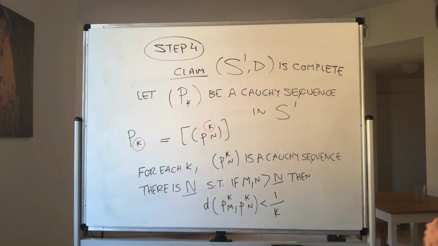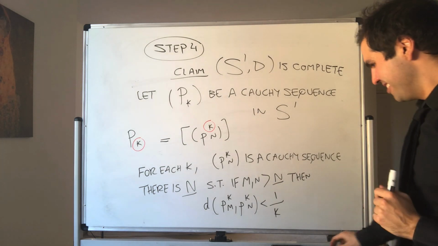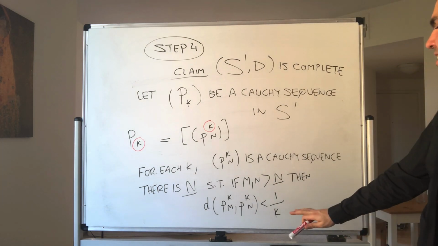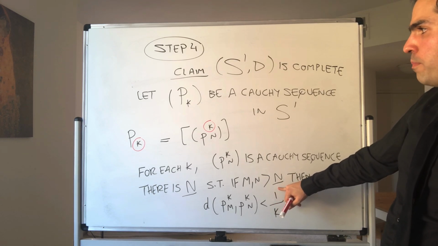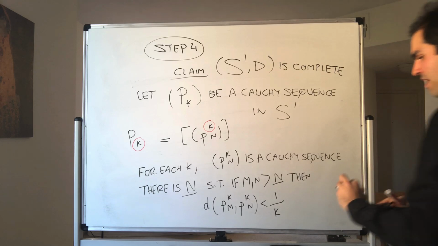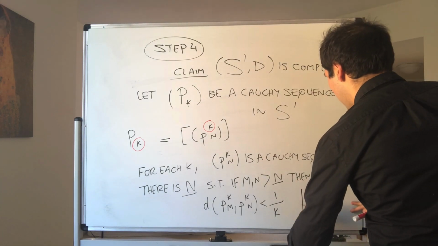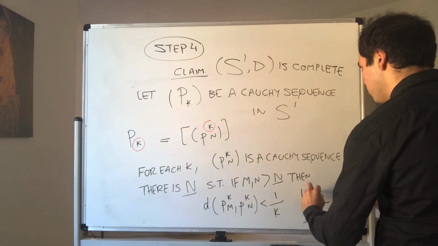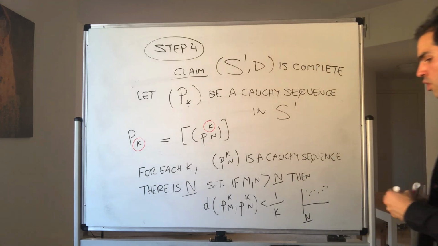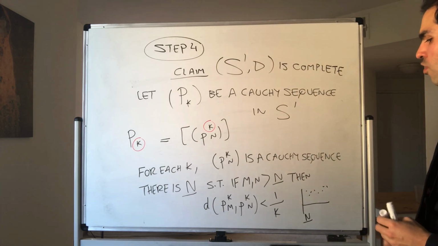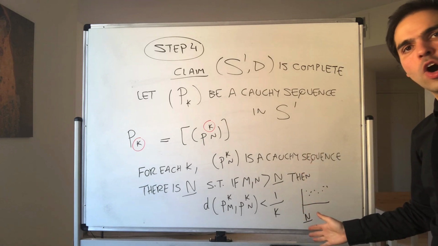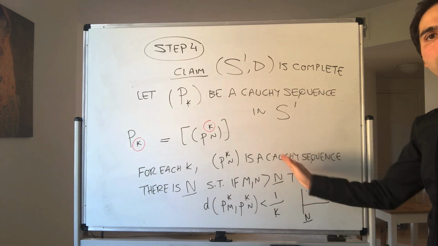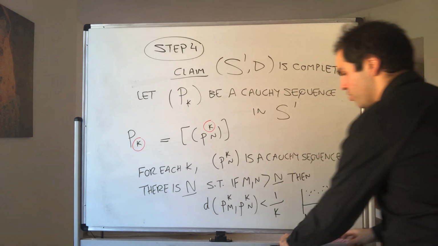Pumpkin, right? But joking aside, this holds after the threshold capital N, so after that threshold, the terms of your sequence are very close together, at most 1 over k apart. So without loss of generality, we can just assume that capital N is just the initial term.